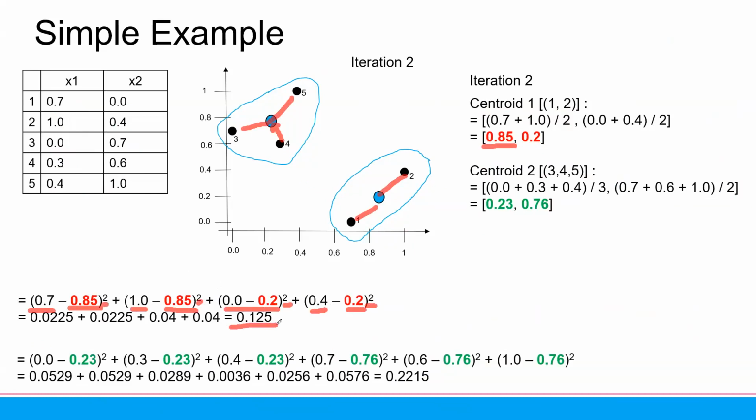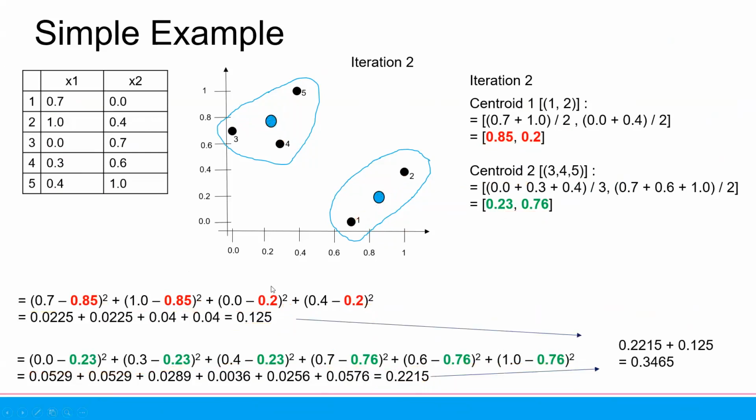So we get the value 0.125. And for centroid 2, we also do the same, like this one and this one, and we can get this one. Next, we sum. What is the summation? Okay, the summation is this one, 0.3465.